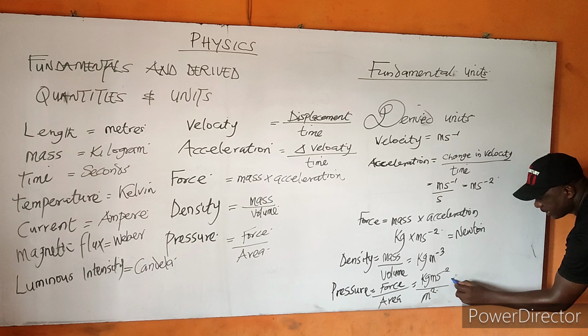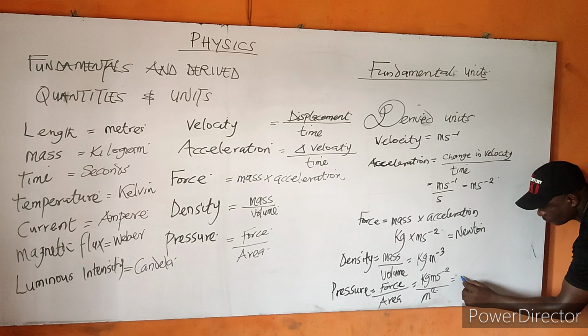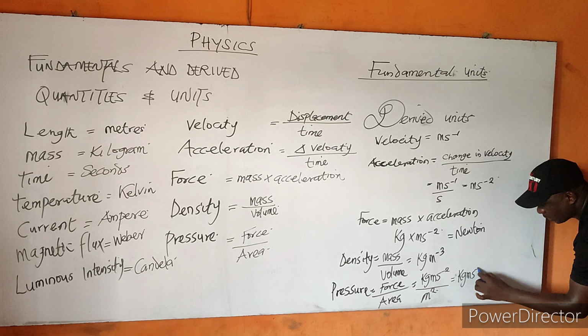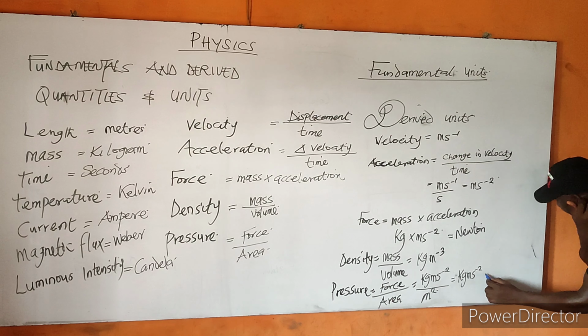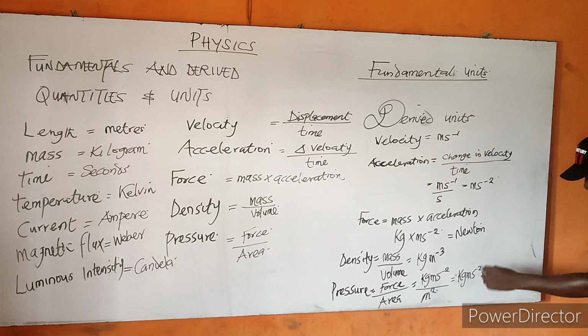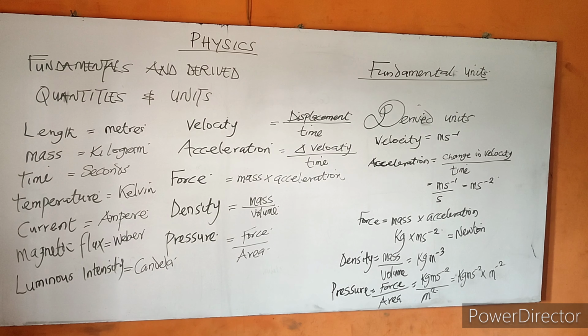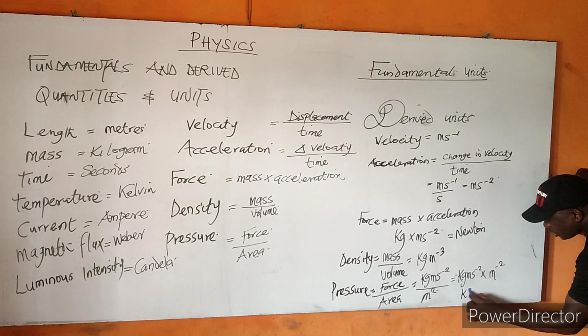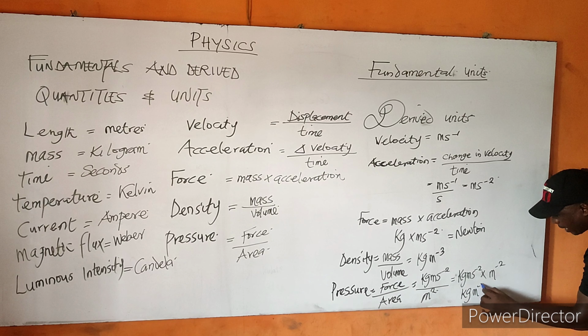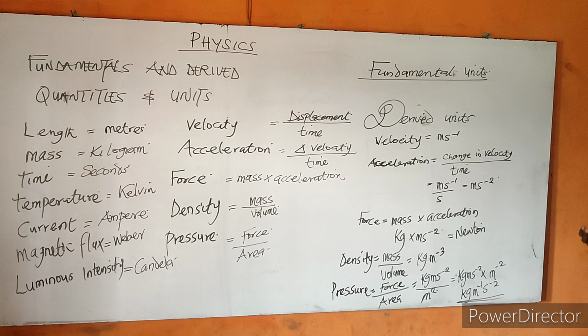So, somebody can say, this one is kilogram, meter per second squared, and if this one goes up, we have meter. This simply means kg per meter per second squared. So that is the unit of our pressure.